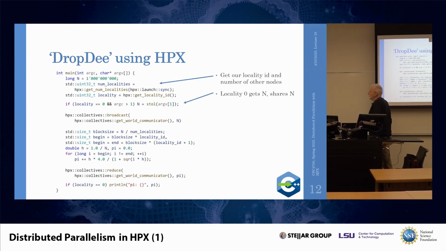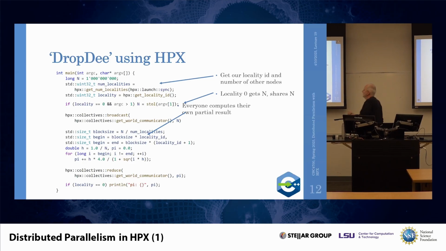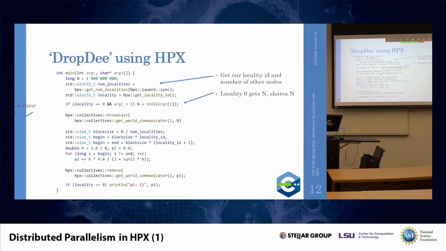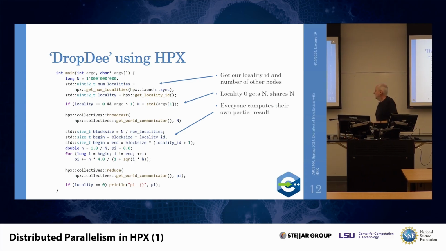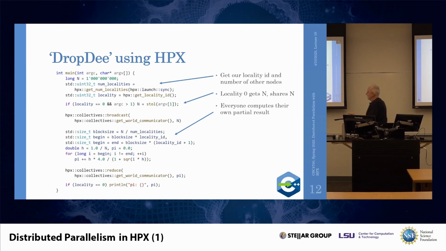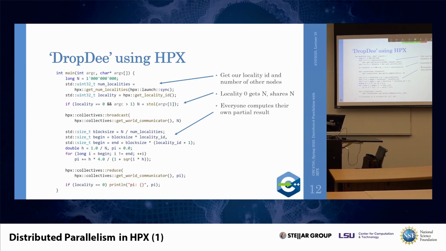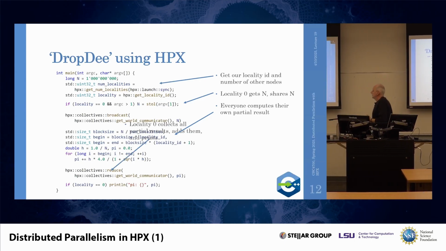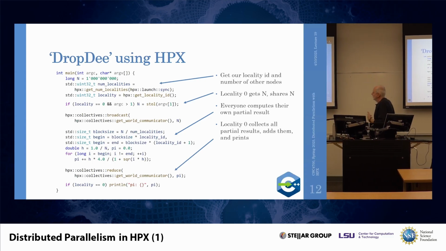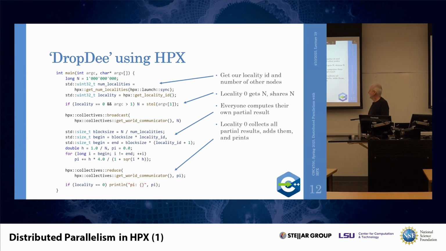Then we get n from the command line and share it using the broadcast operation with everybody else. Then we do our own computation on each of the localities, now based on the sequence number, the number of localities, and that particular value n. And in the end, we do the reduction operation, where locality 0 collects all the partial results and adds them up and prints them.